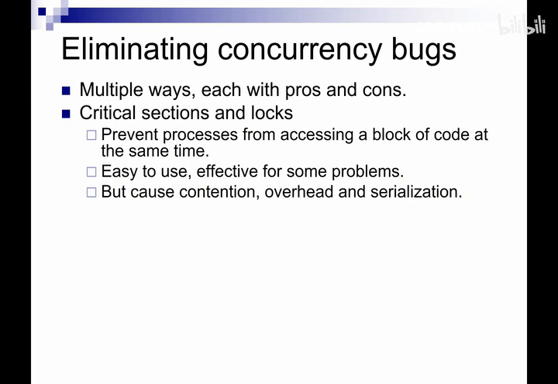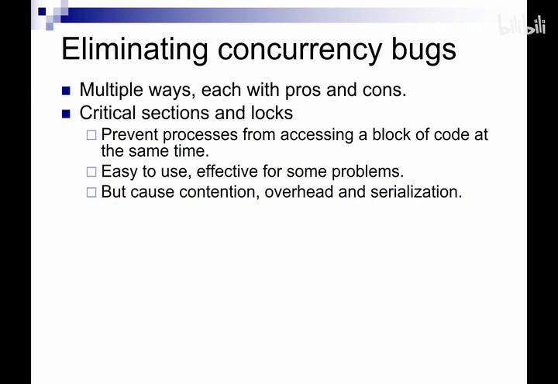Whereas the lock is more about protecting a single piece of data, so that there's only one thread modifying the data at a time. But basically, the idea is that there's some sort of resource, either the code or the data, that you only allow one thread to modify at a time.